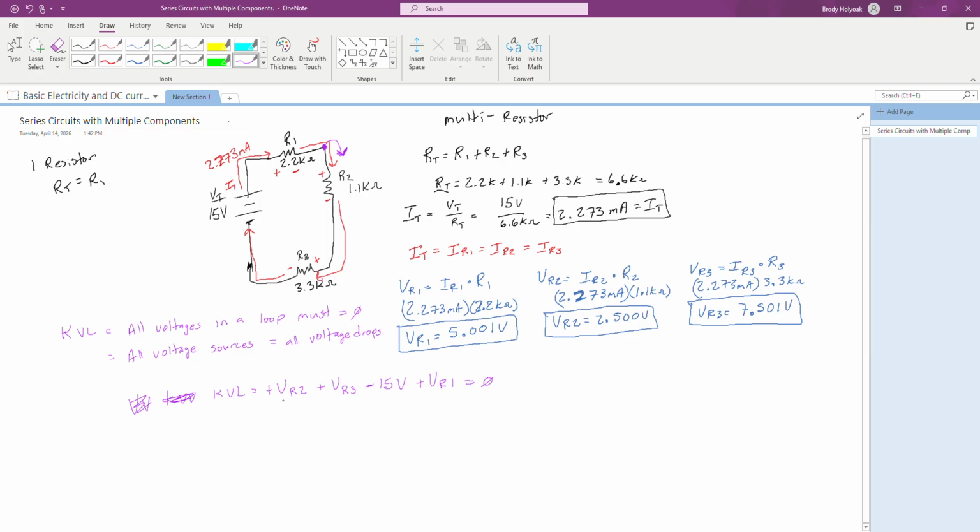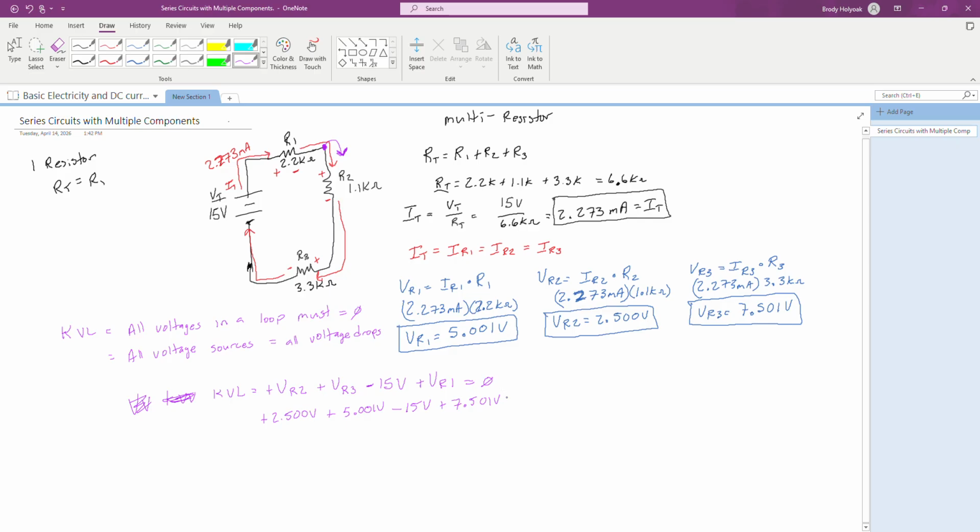So then I can plug them in to double check. So VR2, so I have a plus 2.500 volts plus a VR1, which was 5.001 volts, minus our source, which was 15 volts, plus a 7.501 volts for VR3.